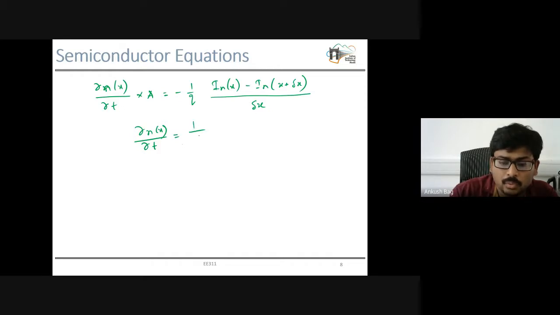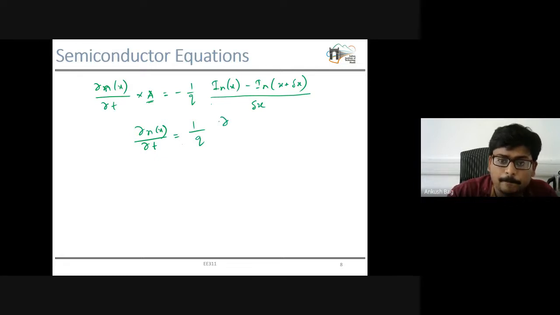So 1 upon q, and here we have current, and if we divide this current with the area, so if we take this area from here to here, then we get the current density, that means J_n at x minus J_n at x plus del x. That is the difference or the variation in the current density going in and going out.